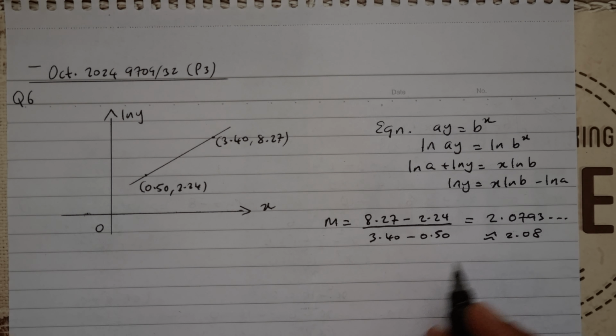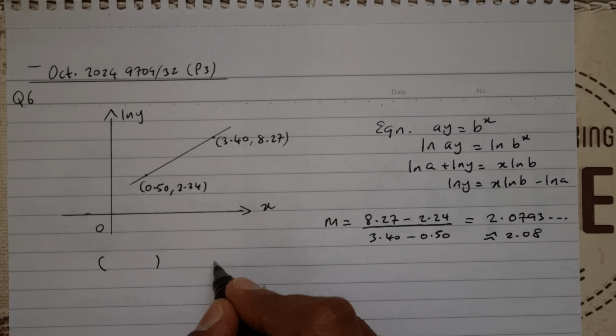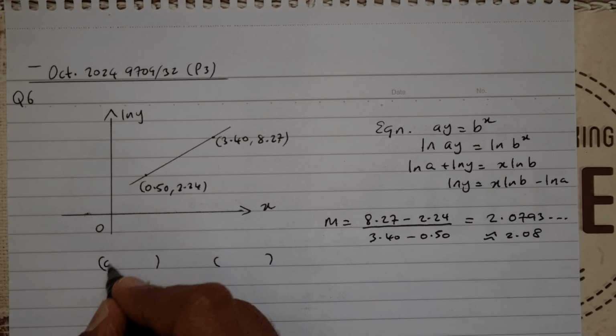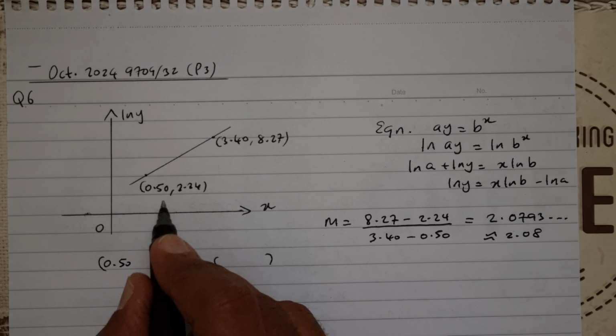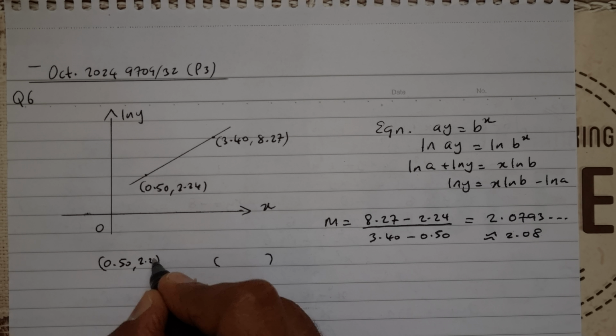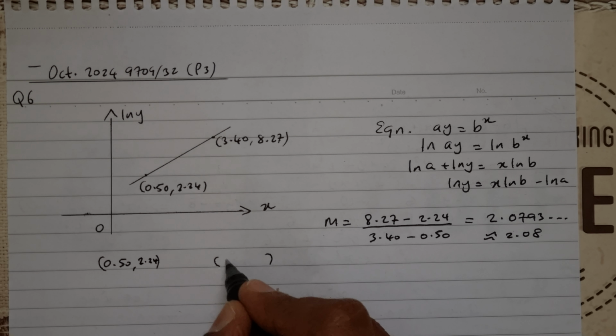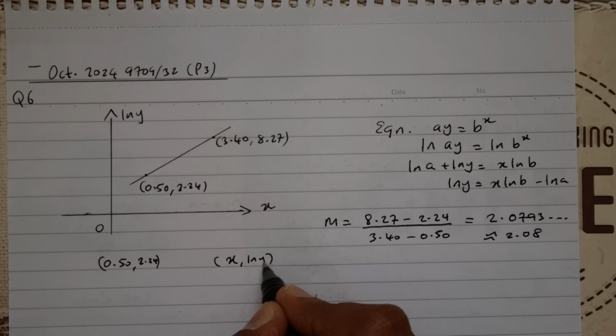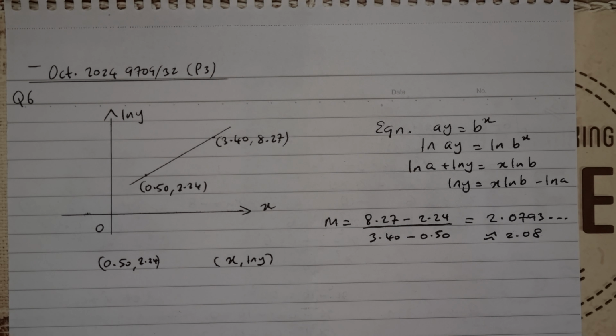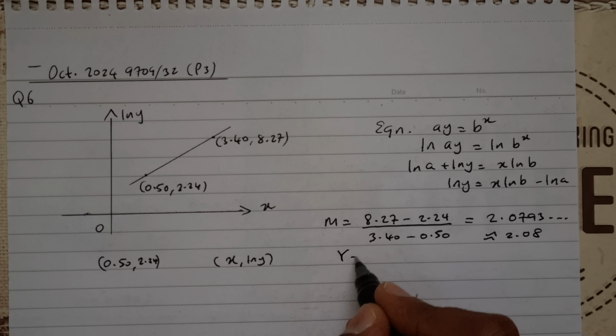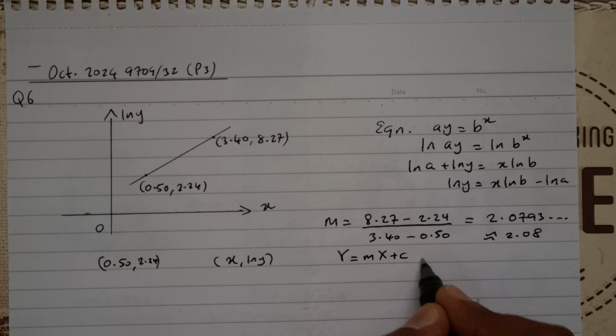And now that we've got this, let's take 2 points on the line. Any 2 points on the line, it could be 0.5 and then 2.24, where you've got your x and then the ln y. So now we're going to apply the equation, y minus y1 is equal to m times (x minus x1).